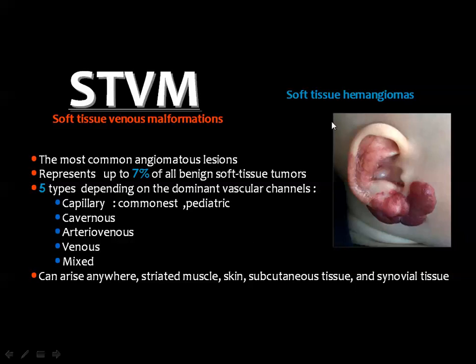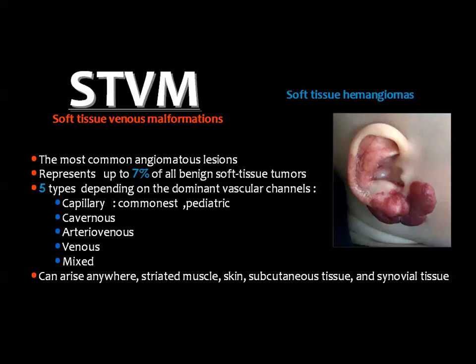Hemangioma is now included into a major category which is known as soft tissue venous malformations. And these soft tissue venous malformations include these five items. Number one, the capillary hemangioma, which is present mainly in the pediatric age group, the cavernous hemangioma, which is commonly seen in adults, arteriovenous malformation, venous angioma, and the mixed type of these categories.